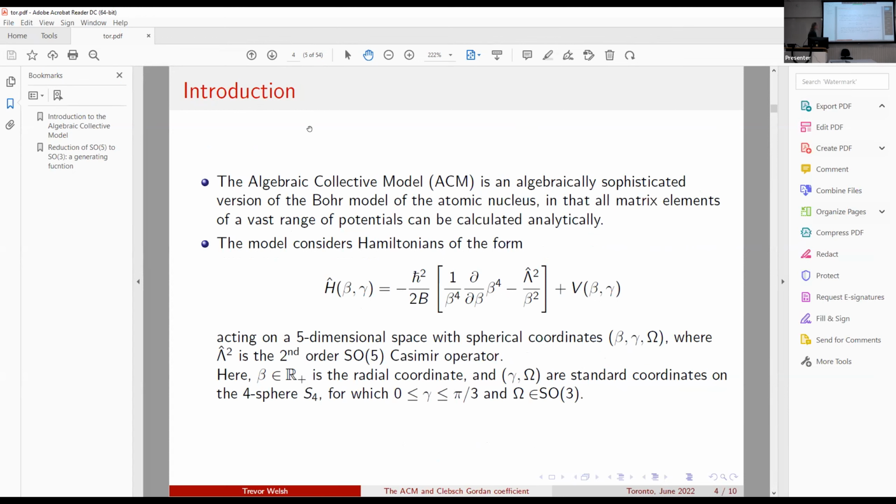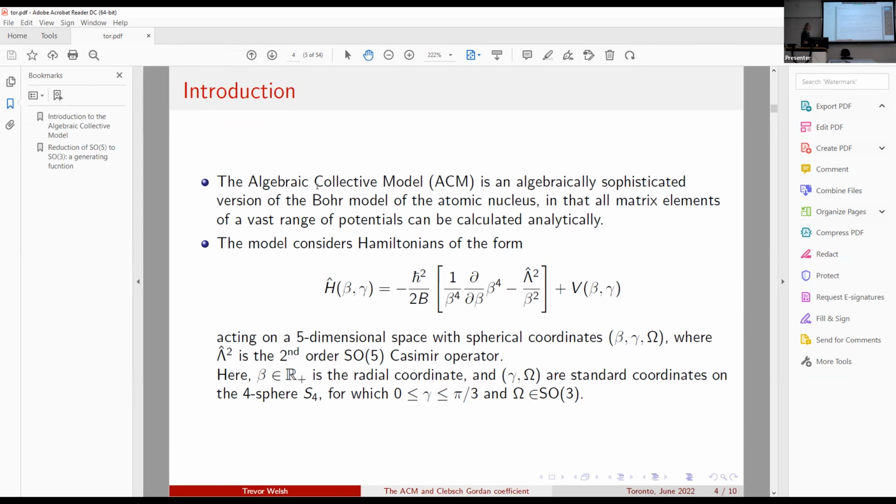This lambda squared here is the second order Casimir operator for SO5. As I say, beta is a radial coordinate, so it's just non-negative real numbers.